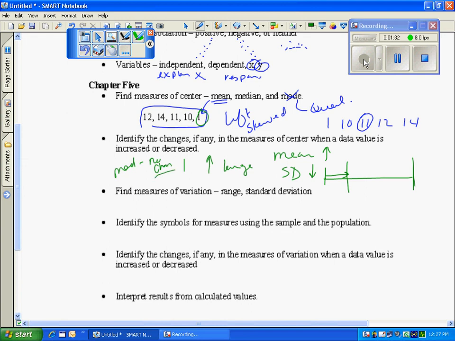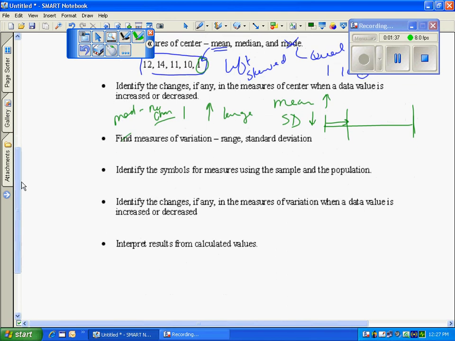Find measures of variation. That would be range and standard deviation. I'm not so much worried about finding it. It, again, is the interpretation. So if you have a large standard deviation, let's just say that it's large, that's going to mean it's more spread out.